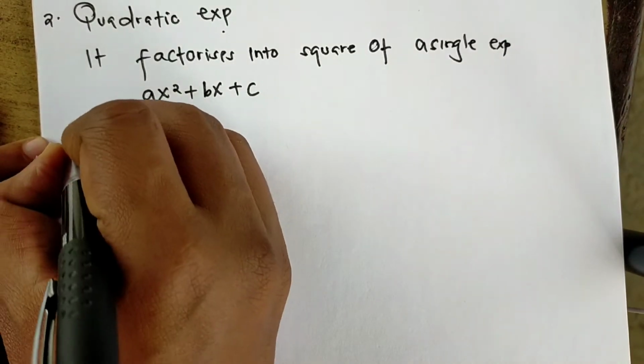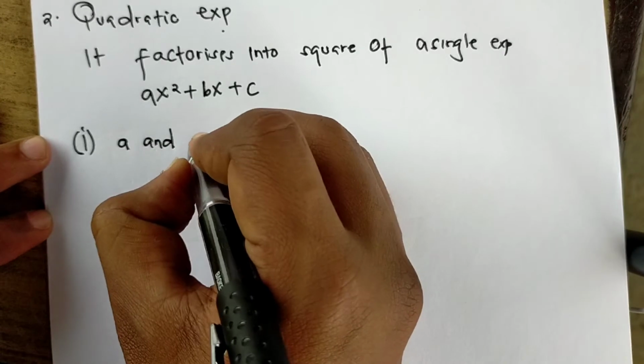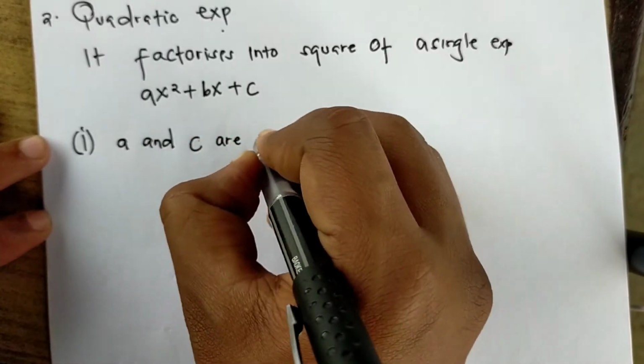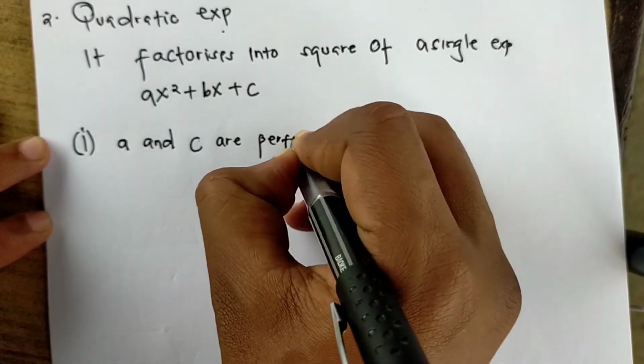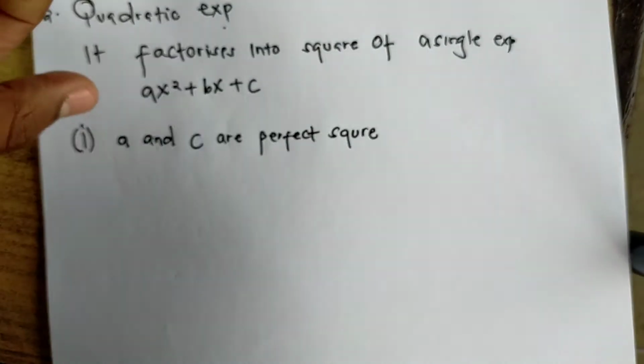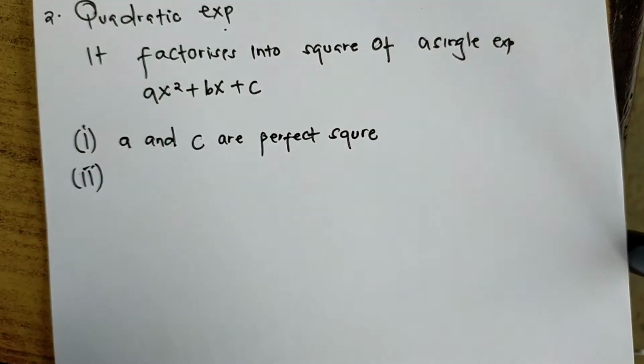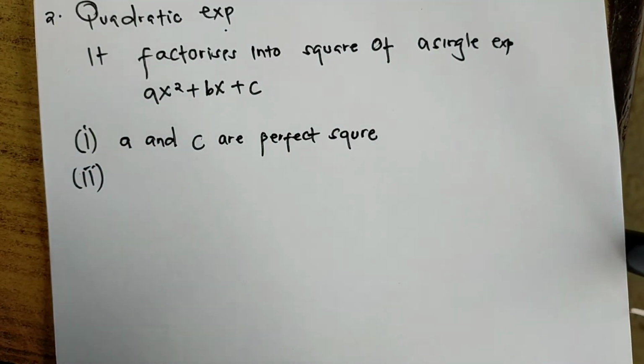One condition is if a and c are perfect squares, like the one above. Condition number two. These are the only two conditions that you must test.